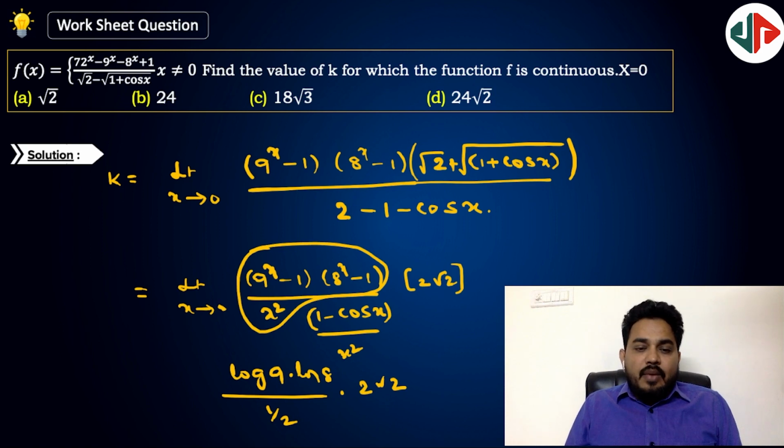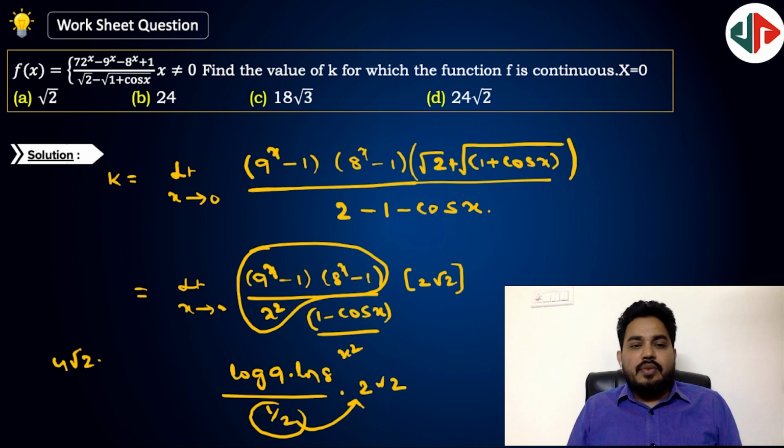Okay. So here what happened? Log 9. This 2 will come here. So this is 4 root 2 into a power x. So limit extending to 0, a power x minus 1 by x is equal to log a.